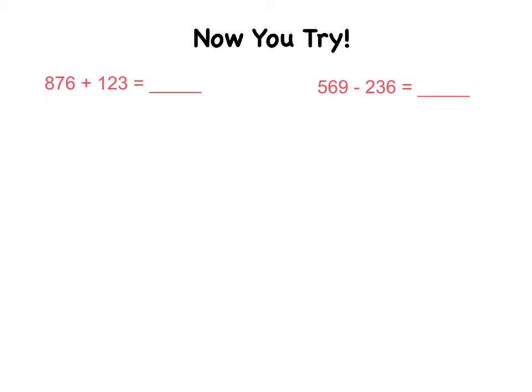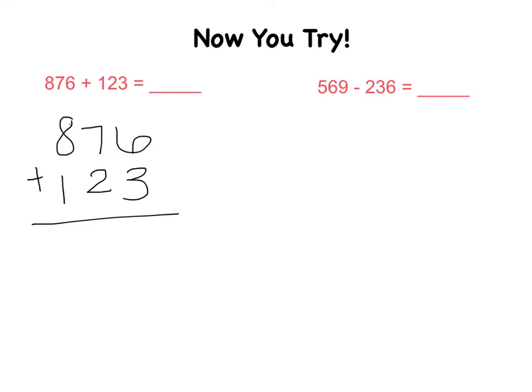When using the standard algorithm strategy, the first thing we want to do is rewrite the equation to make sure the hundreds, the tens, and the ones line up. Go ahead and pause the video and try that with the addition equation. If your equation looks like this, good job!